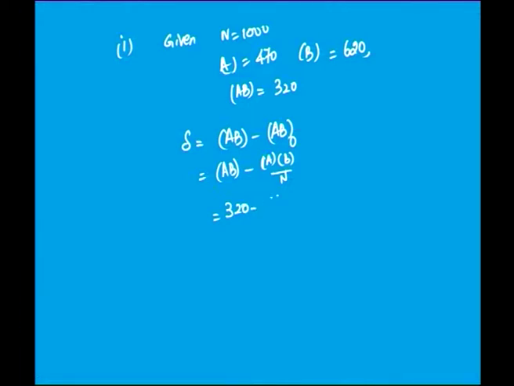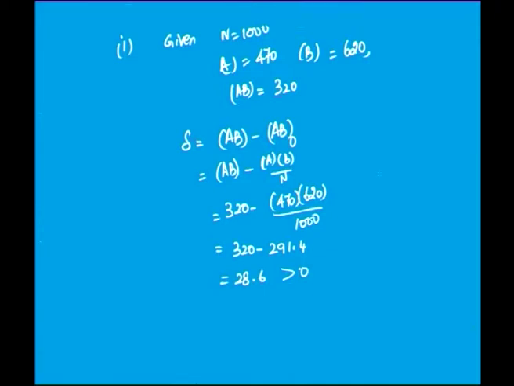So, 320 minus 470 into 620 divided by N, which is 1000, and this value is 320 minus 291.4, which is equal to 28.6. So, we have delta value which is greater than 0.